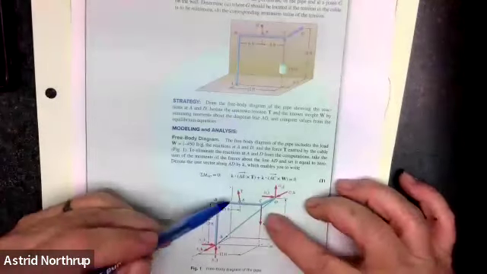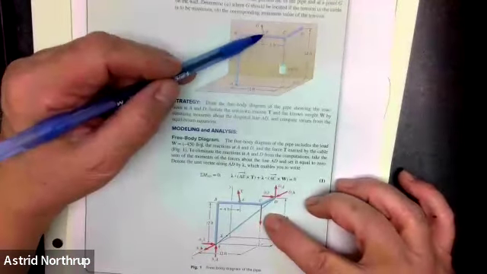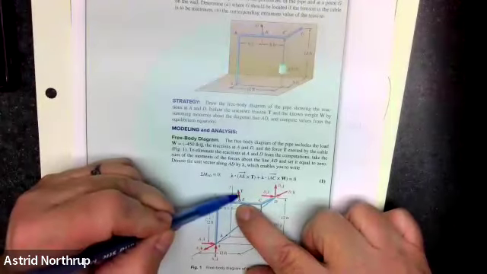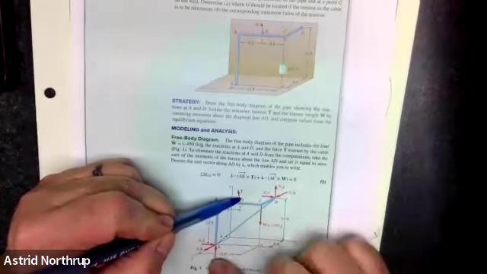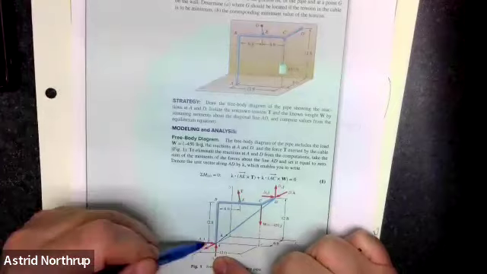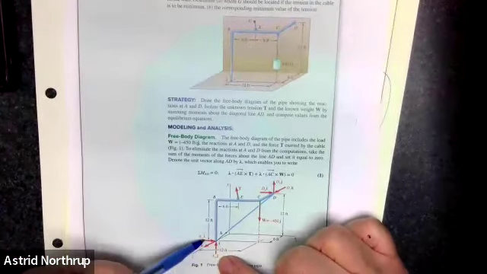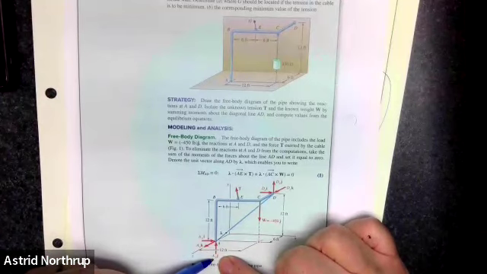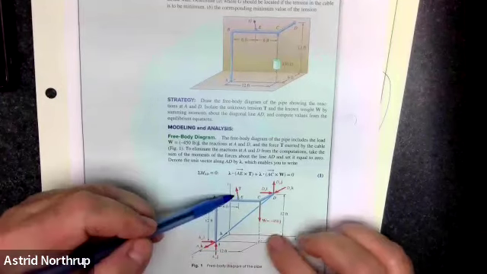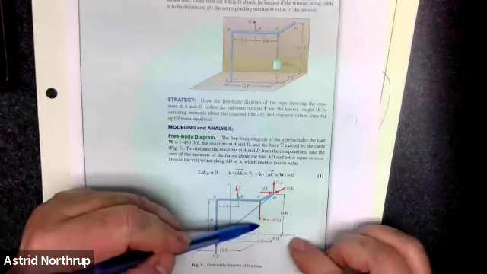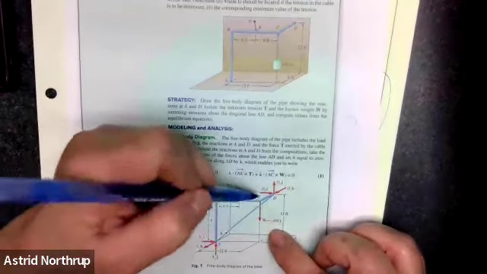So we have a tether between point E and G, which is shown right here. We have a ball and socket at A, so those are those reactions. And once again, I want to point out positive, positive, positive, right? The weight pulls straight down.